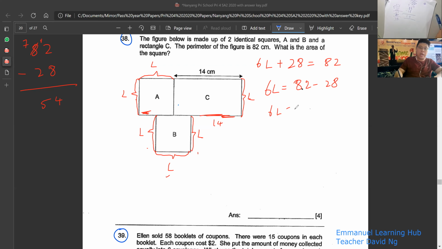L is equal to? L equal to how many? Divided by 6. Yes. So 54 divided by 6 equal to how many?